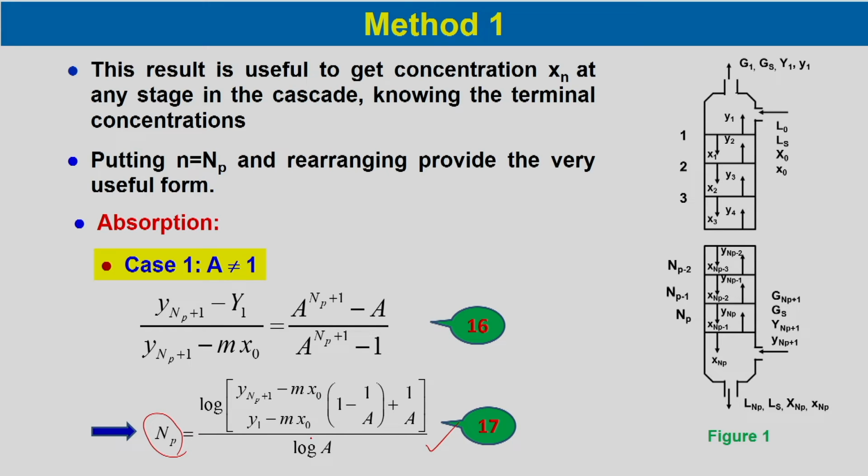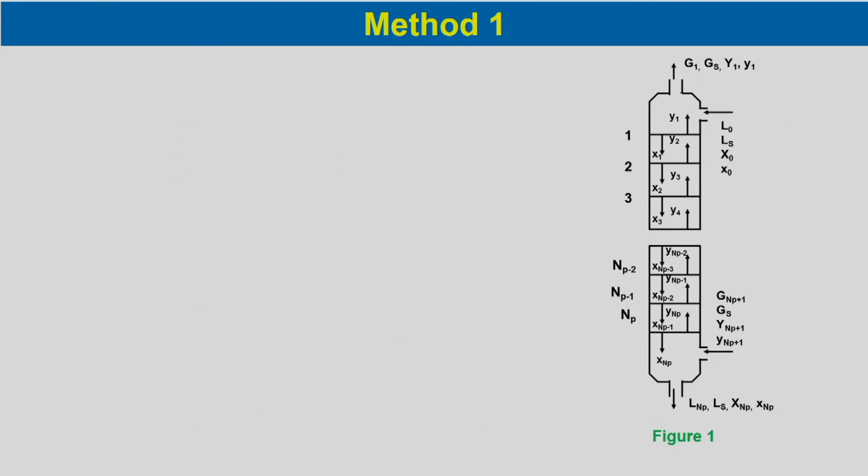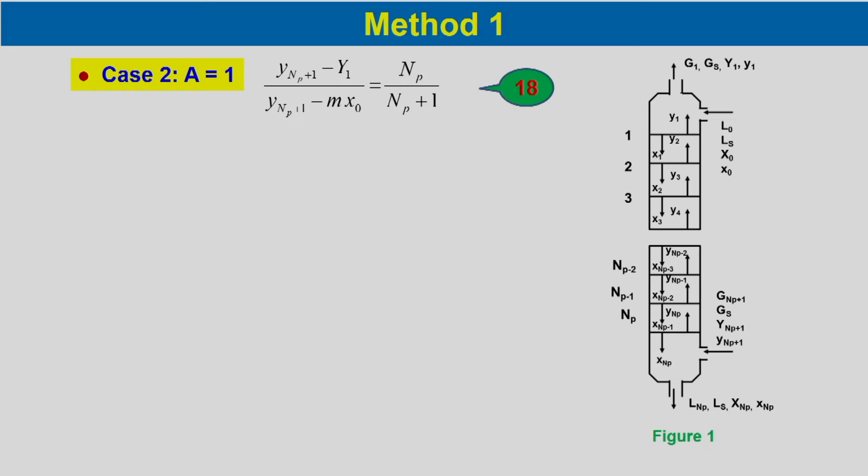Now, for another case when the absorption factor is 1, we will get this equation as (y n p plus 1 minus y 1) divided by (y n p plus 1 minus m x naught) equal to n p divided by n p plus 1.